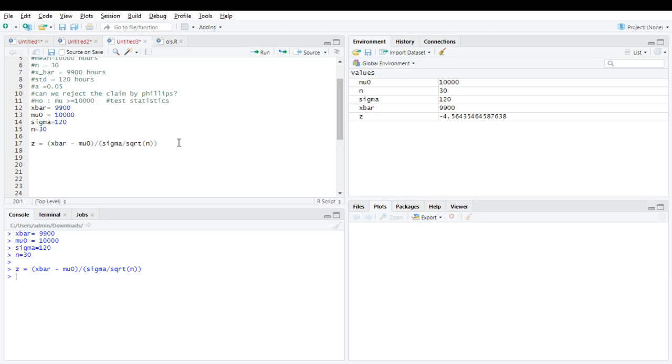Now what we have to do is calculate the critical value. Okay, so we have alpha equals 0.05. So for this alpha, za will be equal to, as we have already seen in normalization, 1 minus your alpha value.